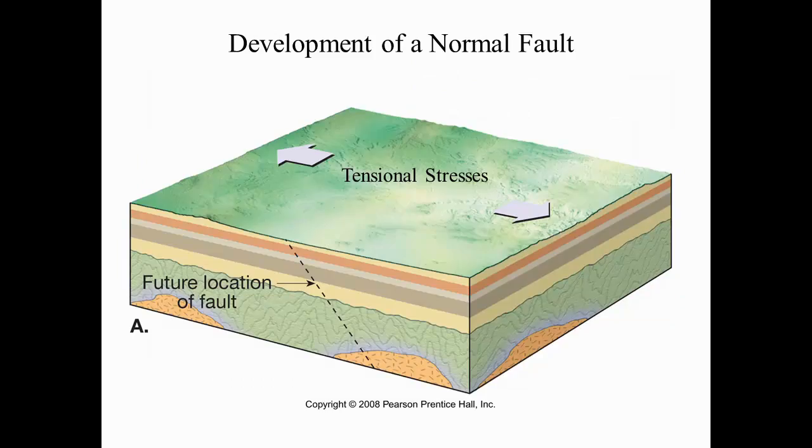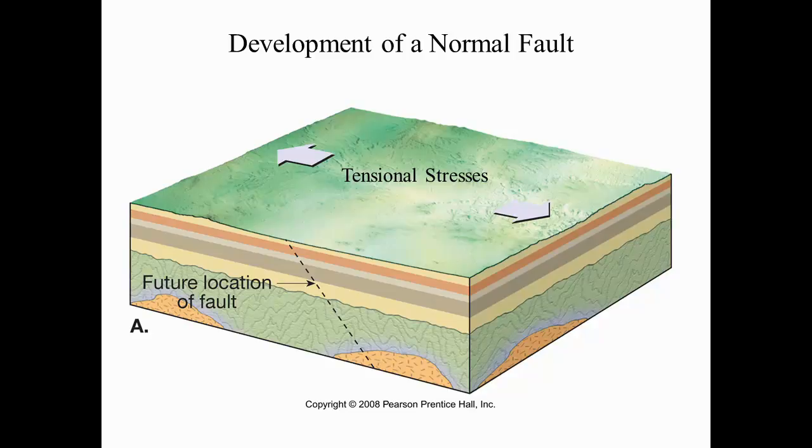So let's begin with development of a normal fault. Here we see a block diagram, and we have tensional stresses acting upon this block. And in cross-section, we see the dashed line representing the future location of the normal fault.